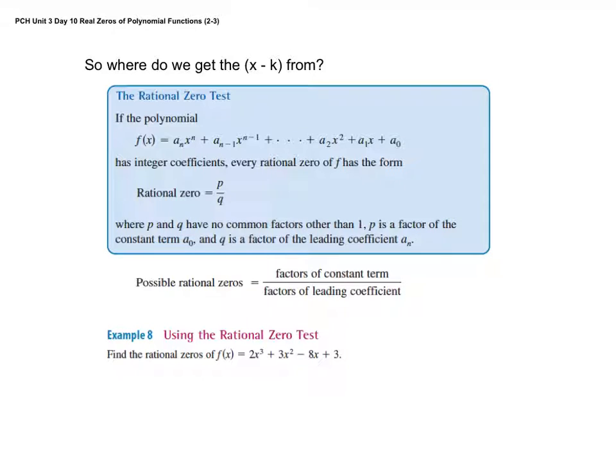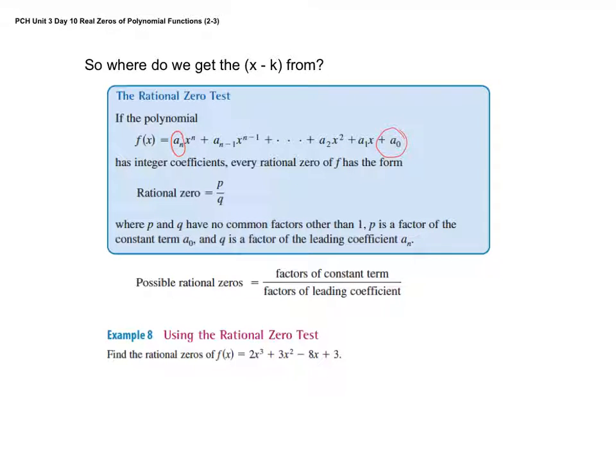The key here is you've got a polynomial, and you've got to look at your leading coefficient and your constant term. We're going to use factors of those two numbers to come up with possible rational zeros.